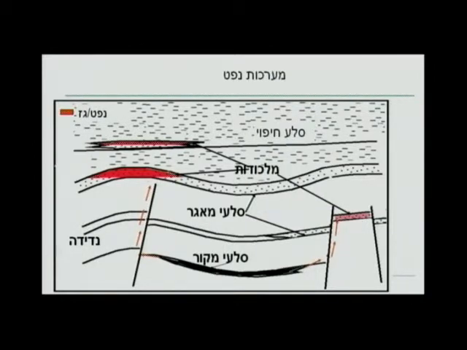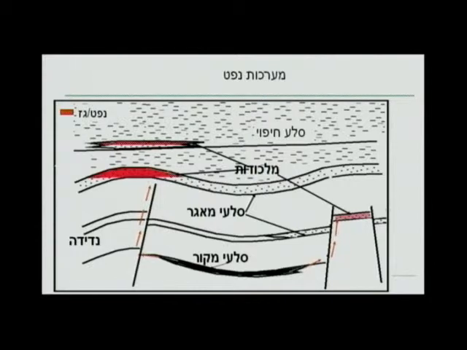The traps are normally sand layers, they are high porosity, and there is something that needs to seal the reservoir, so the oil or the gas doesn't run away. And there are some layers, which are shale layers normally, and they are the source of the oil.